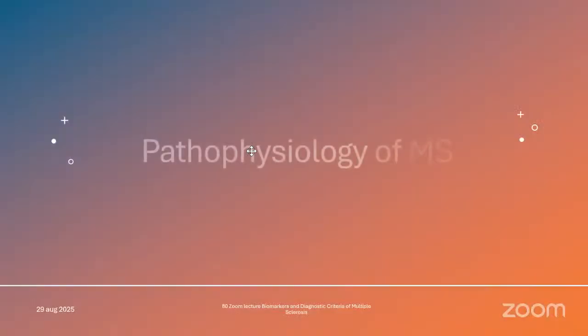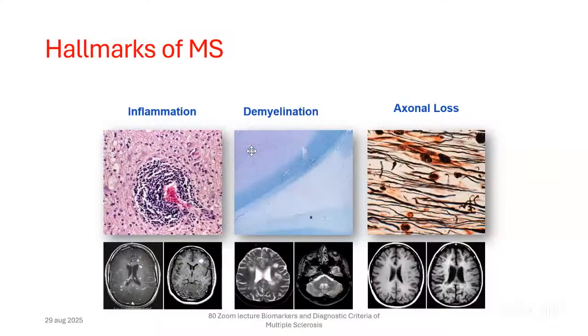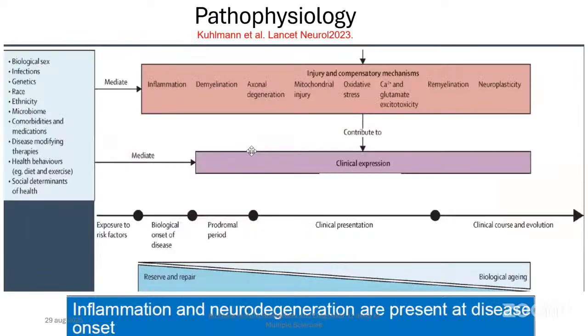criteria. We all know that the pathophysiology of MS, the hallmarks are inflammation, demyelination, and axonal loss. All can be captured on the neuroimaging with the various MRI sequences. The axonal loss will lead to brain atrophy.